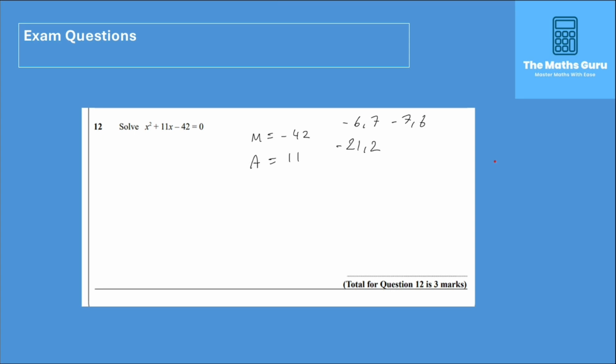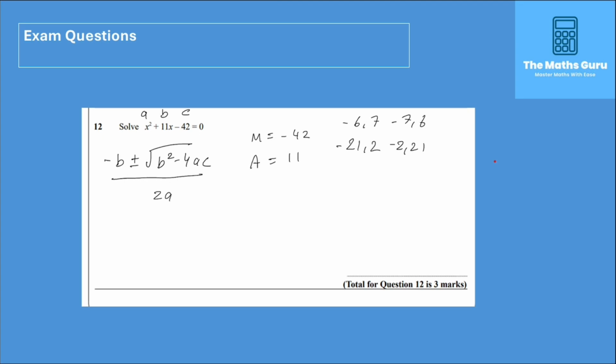So in a question like this, where you cannot seem to find a factor pair which adds to give 11, or your middle term, you then have to use our quadratic formula, which goes something like this. Labeling the 1 in front of our x squared to be a, our 11 to be b, and our c to be minus 42.